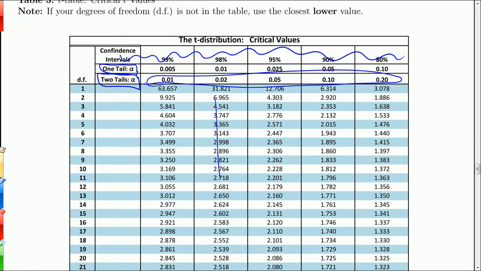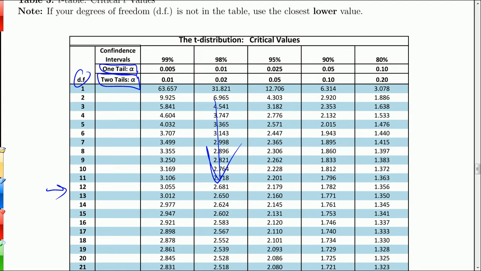That determines your column. And then the row is determined by your degrees of freedom.